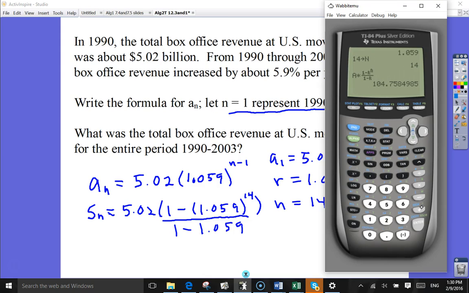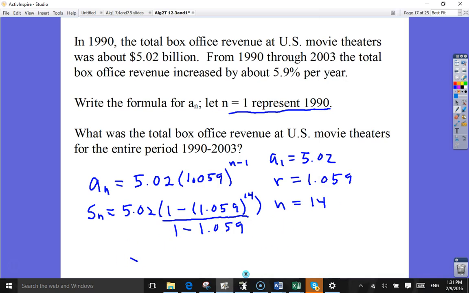I just restored A, R, and N. But you got to remember a couple things. Like you want to increase it by a percent, right? You got to have 1 point and then the decimal percent. 5.9 is 0.059. So that is 104 billion.